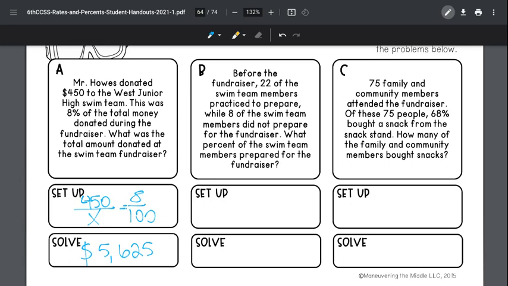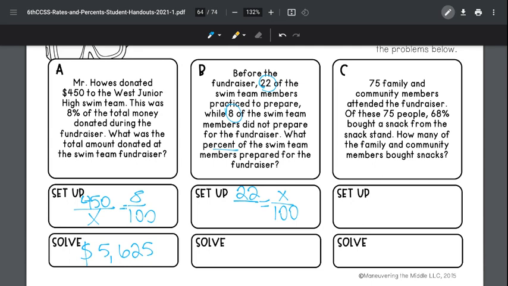B, before the fundraiser, 22 of the swim team members participated to prepare, while 8 of the swim team members did not prepare for the fundraiser. What percent of the swim team members prepared for the fundraiser? All right, so we're looking for our percent, and our percent goes over 100. And then it's talking about a part of the team that did prepare, which was 22. So now, you might think, maybe we need to use our 8.